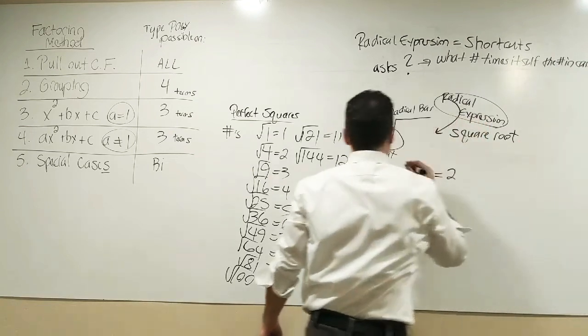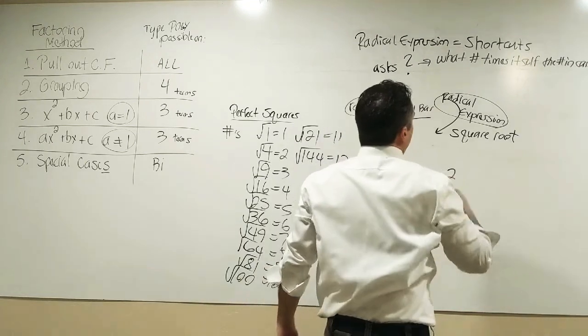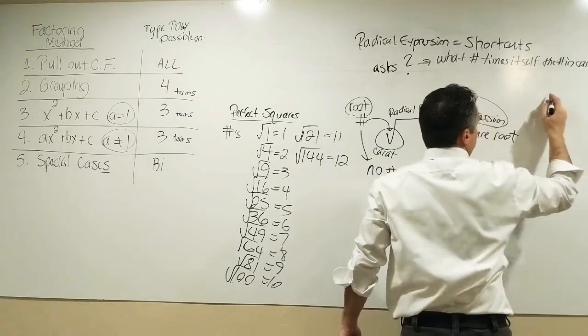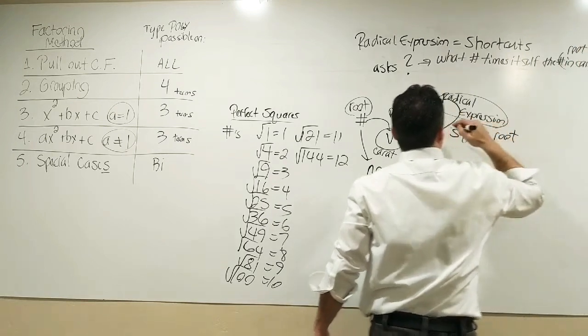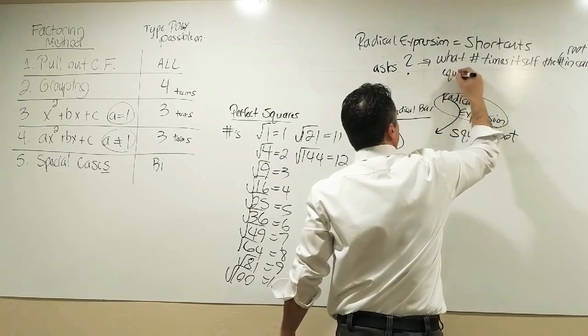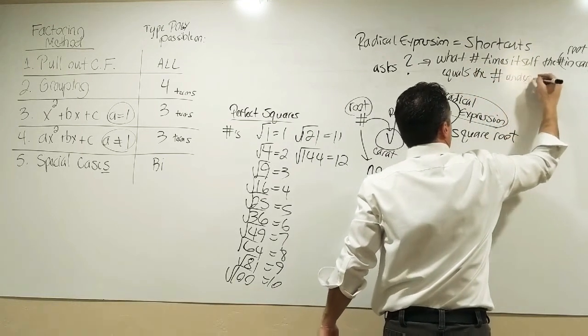And by the way, that number, it's called the root, okay? So what number times itself the number in the caret, which is the root, okay, equals the number under the radical bar.